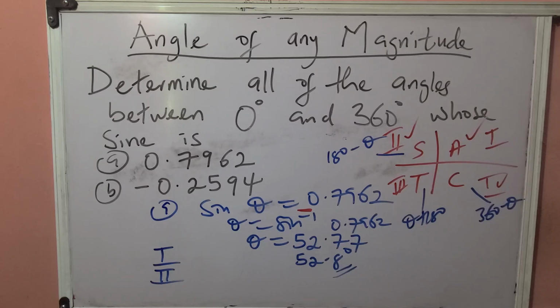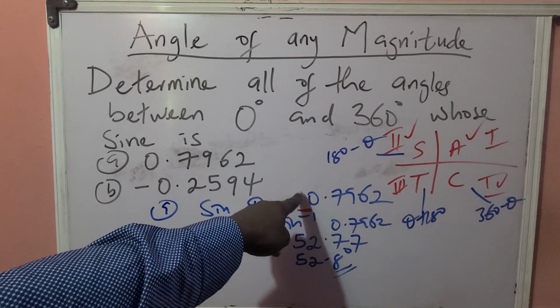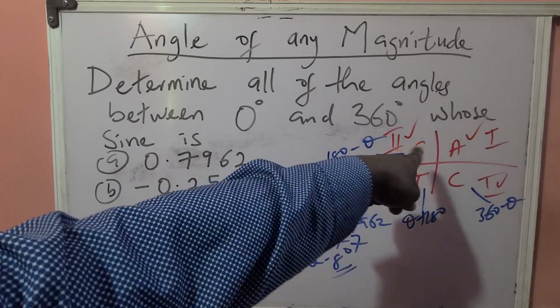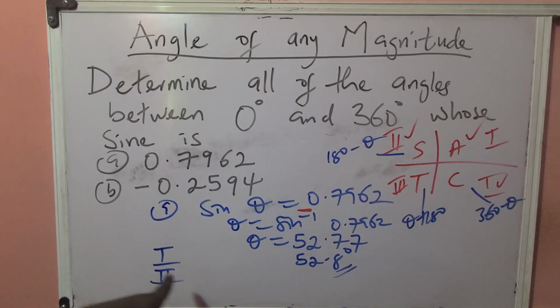Now this is our very initial step, but mind you, I said already, in some cases, this will not be part of your answer. In some other cases, this will be part of your answer. Let me tell you how you're going to know. It depends on what quadrant you found when you were finding out the quadrant.